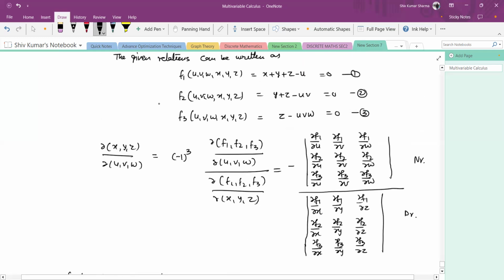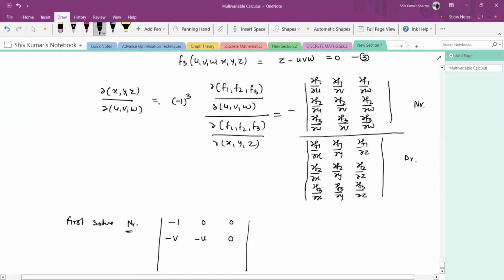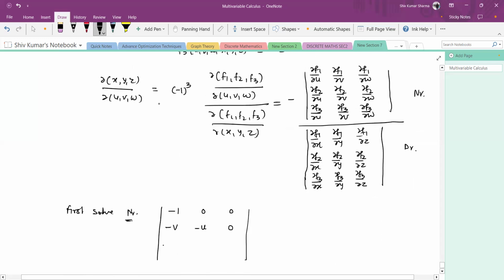Del f3 upon del u gives us minus vw. Del f3 upon del v gives minus uw. Del f3 upon del w gives minus uv. So we see that the upper triangle of the determinant is 0.